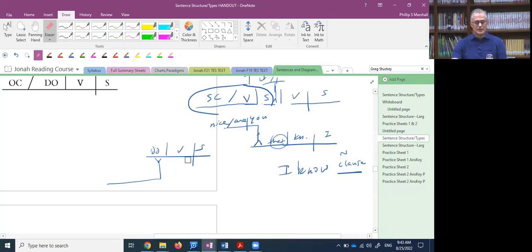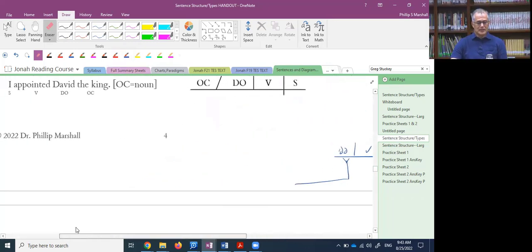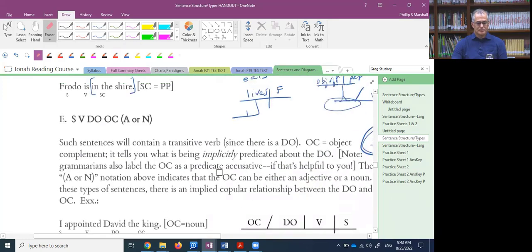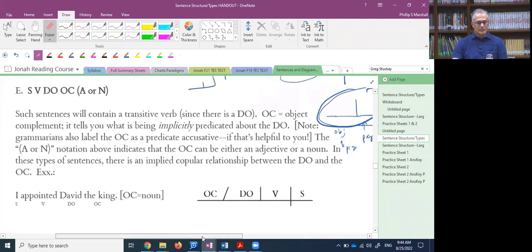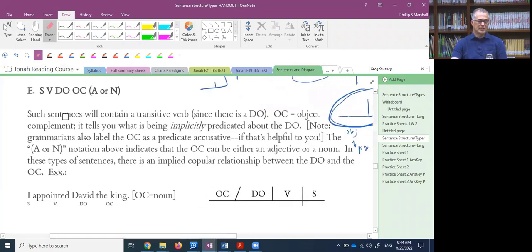Okay, great. So back to the lecture here. In section E, we have SVDOOC. And again, that's the end of the sentence pattern. What's in parentheses is just telling you what sort of word can fill the OC slot.